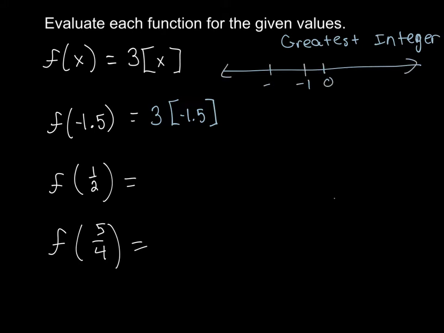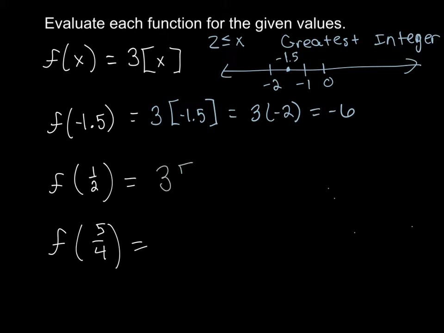Negative 1.5 would fall in between negative 1 and negative 2. So the greatest integer means we need the integer less than or equal to x. In order to go less than, we need to go left on the number line. So the next integer to the left of negative 1.5 would be negative 2. So we actually need 3 times negative 2, which is negative 6.